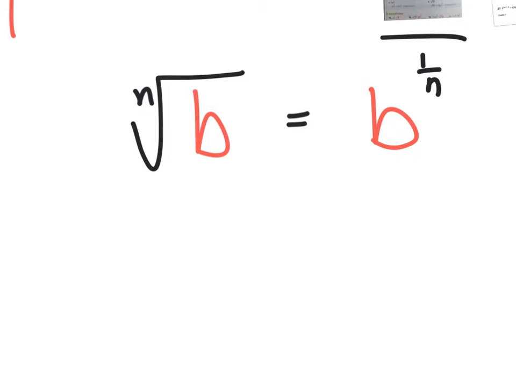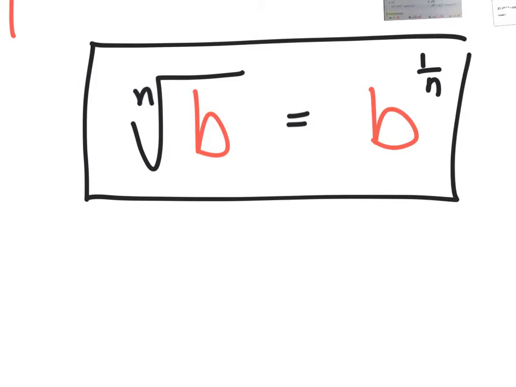This is the main course of today's meal. The nth root of something is really going to be that same something to the power of 1 over n. Let me repeat that once again. The nth root of something is going to be that same something with a power of 1 over n. So, for example, let's say I had the square root of 9.